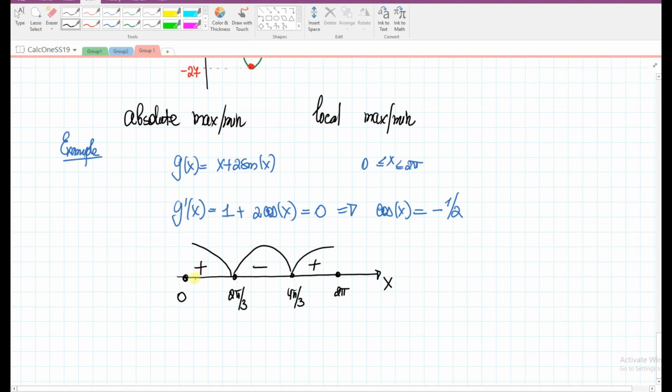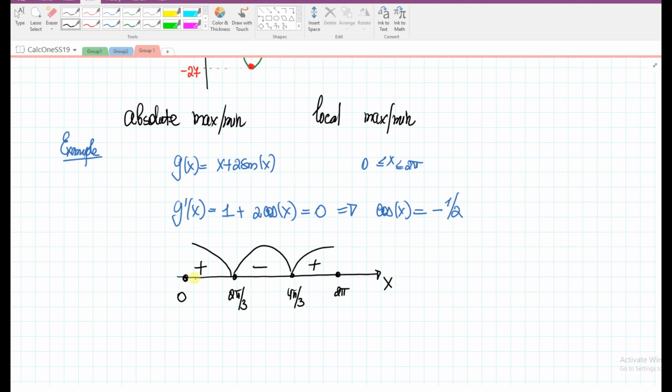You need to tell me at which point this function g of x attains its local minimum, and at which point it attains its local maximum. I'm not asking for the absolute one, I'm asking for the local one. What is the local minimum? It should go down, then up. Which point out of these is where the function attains its local minimum? It's 4 pi over 3, because the function goes down until 4 pi over 3, then goes up.